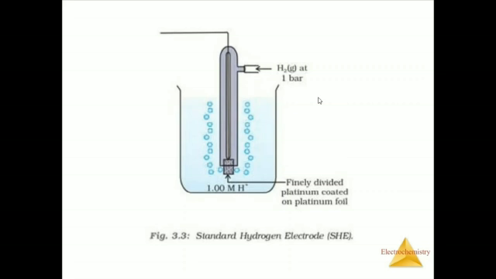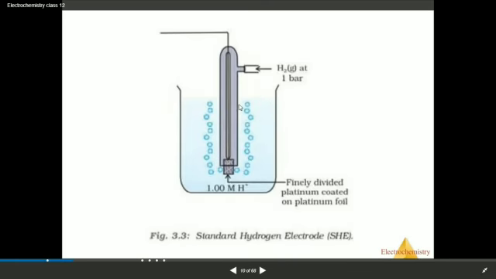And the diagram for SHE, the standard hydrogen electrode, is as follows. Platinum coated platinum is there, you can see here, finely divided platinum coated on platinum foil. 1 molar H plus ion is there and H2 gas is bubbled.